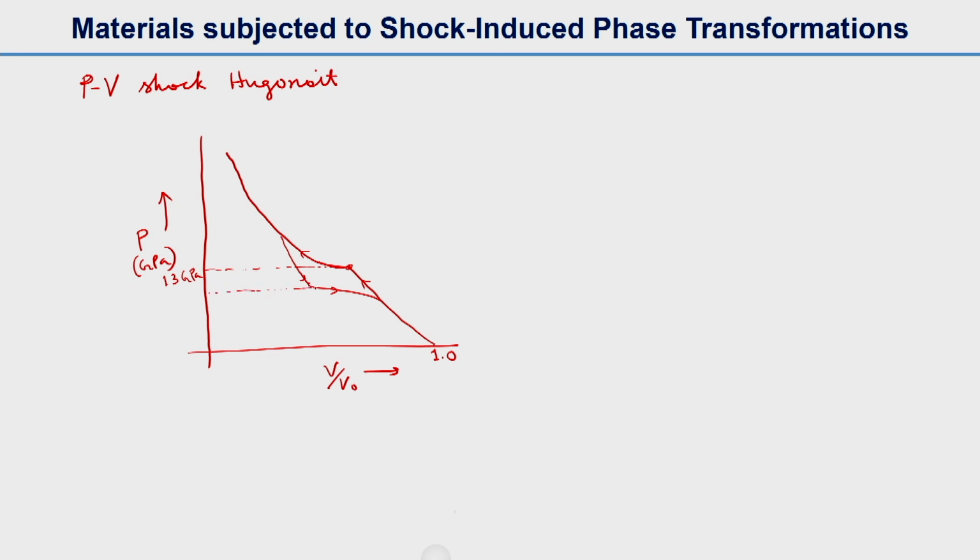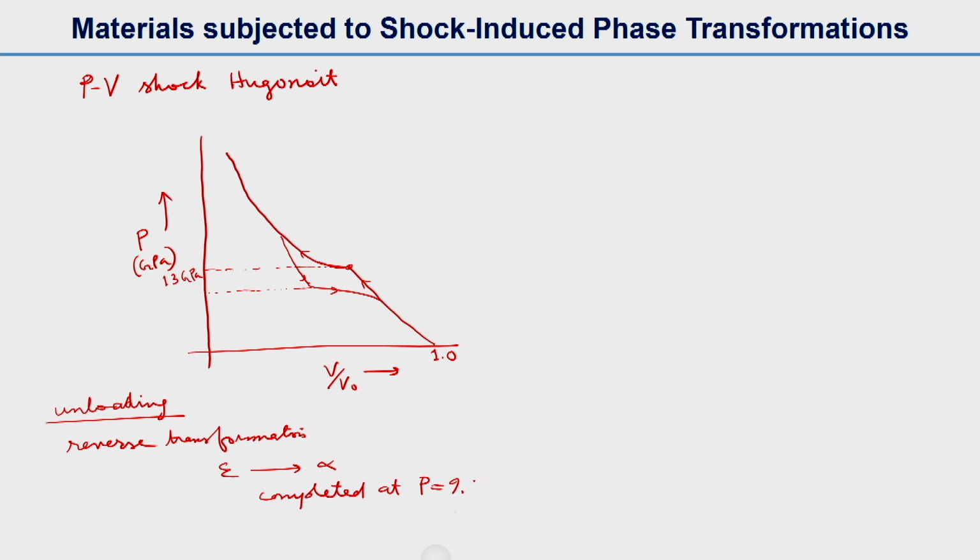And you can see that during unloading, the reverse transformation happens, that means from epsilon to alpha, and it got completed at a pressure of 9.8 gigapascal. Here it is 9.8 gigapascal.